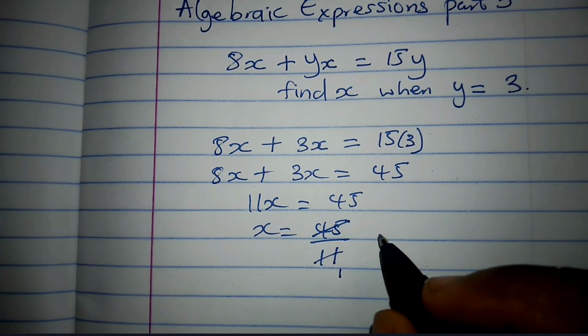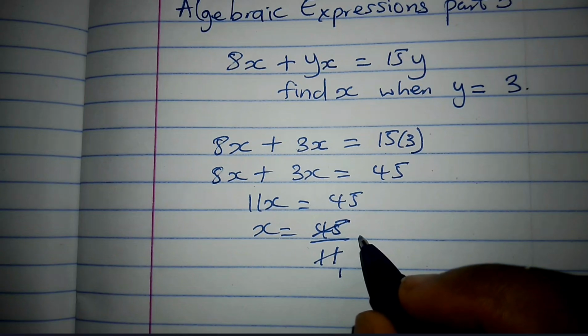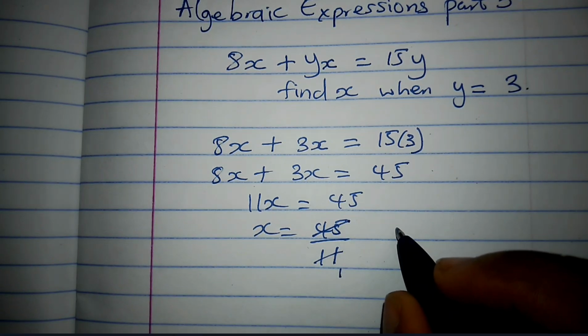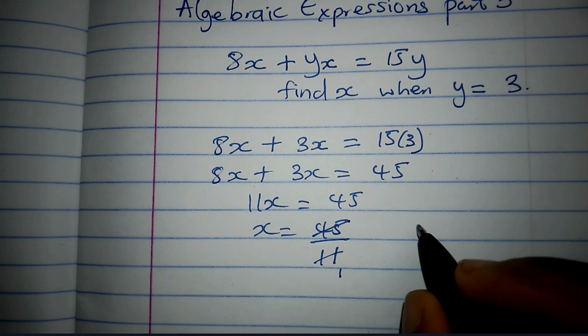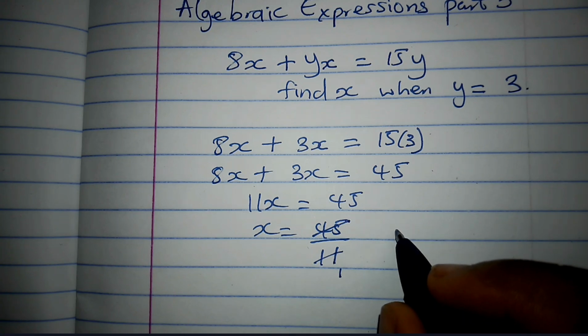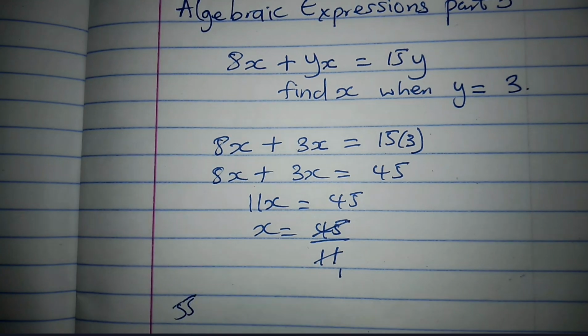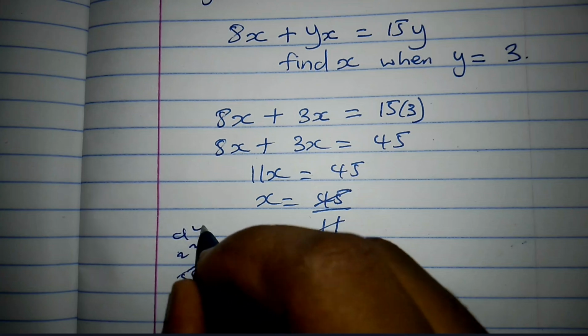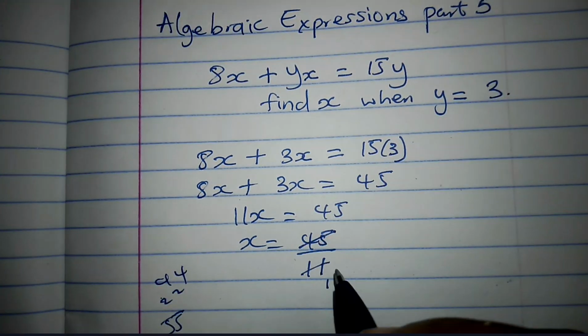You know the last number that can be divisible by 11 before 45 is 44, because any number that is divisible by 11 is going to be the same number, especially when it's 2 digits, like 55, 66, 22, 44. So 44 can be divided by 11.